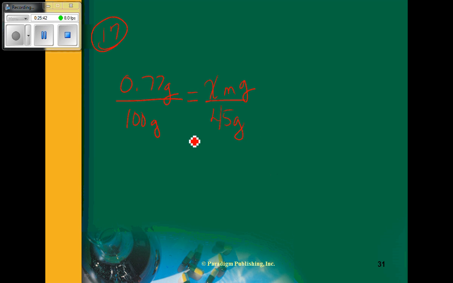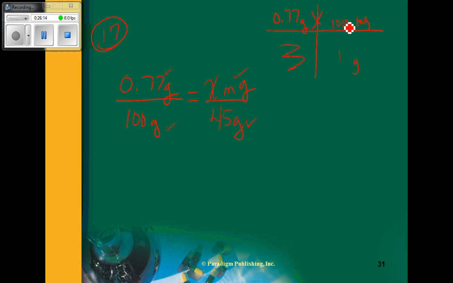Okay, so if you look here, of course you have your grams and grams on the bottom to match, but you have milligrams here and grams here. So next, I'll just show you how we convert if you have forgotten. If we want to take our grams and convert it to milligrams, we just put 0.77 grams here, nothing goes here. 1 gram equals 1,000 milligrams, and that's what you multiply by.